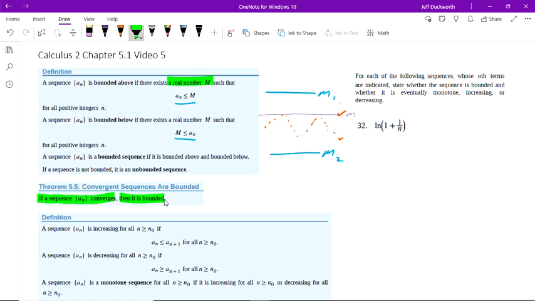That's very cool, because if you just find that it converges, you say, well, yeah, it's bounded. Last bit here, a bounded sequence is one that's both bounded above and bounded below. So if you've got some value below it that's a hard floor, and above it a hard ceiling, you've got a bounded sequence.